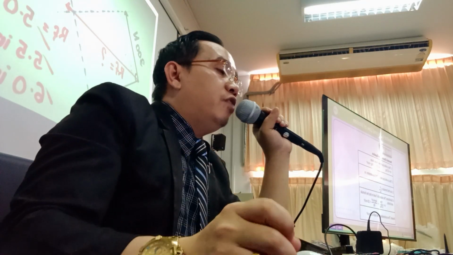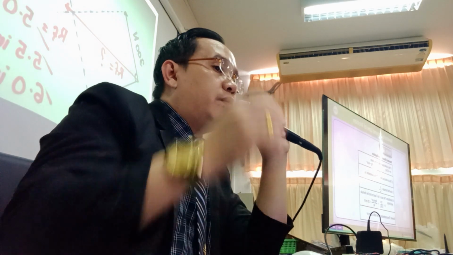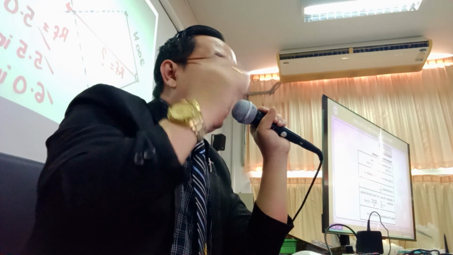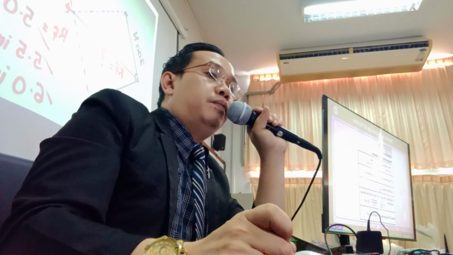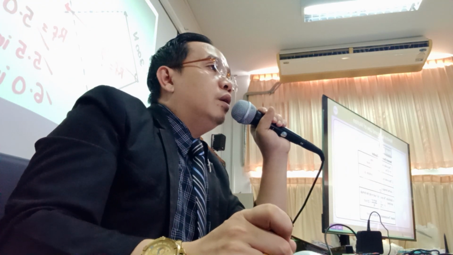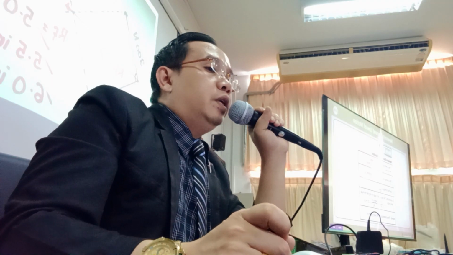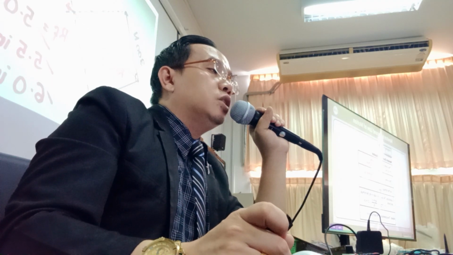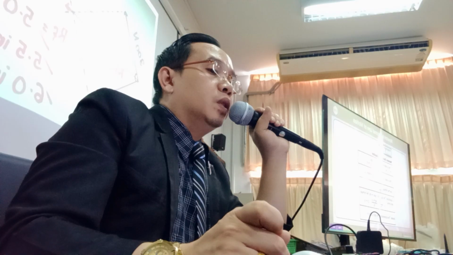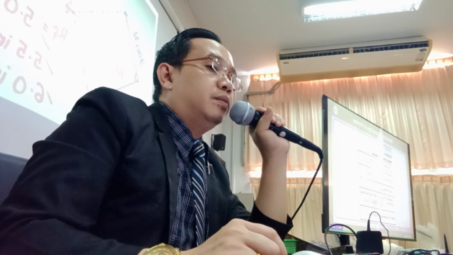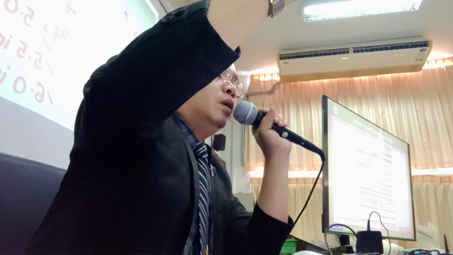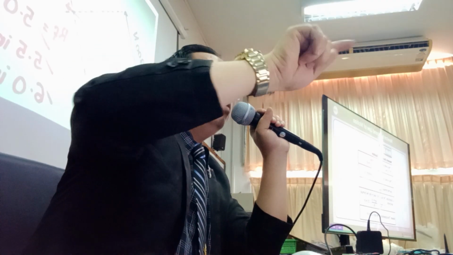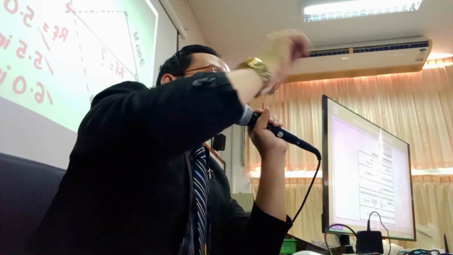Substitute the values for F and m into the formula. a equals 10 newtons divided by 0.5 kilogram, which is 20 meters per second squared. Therefore, the acceleration of the ball is 20 m/s².